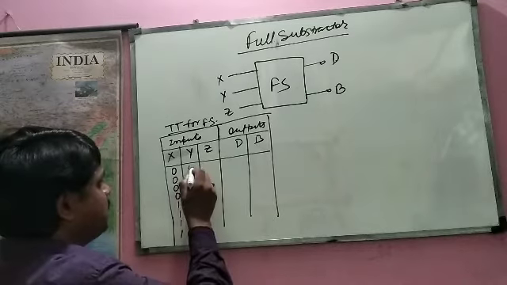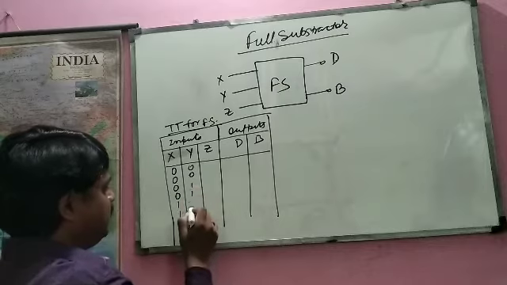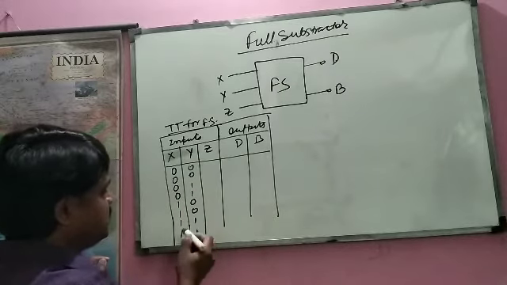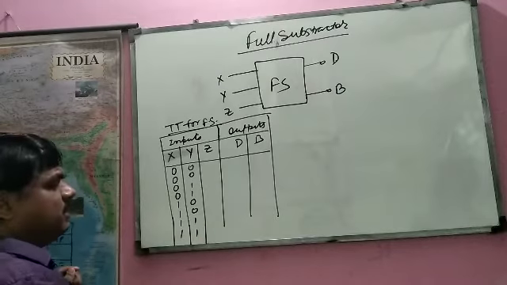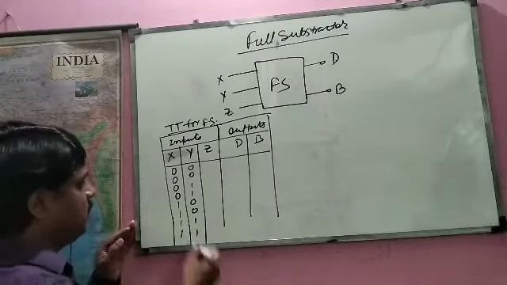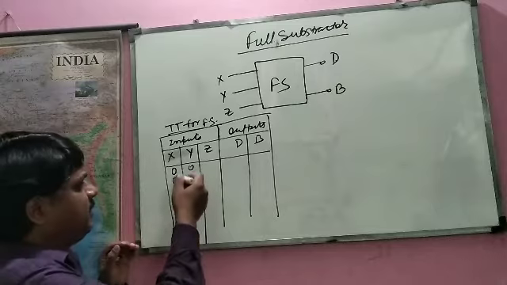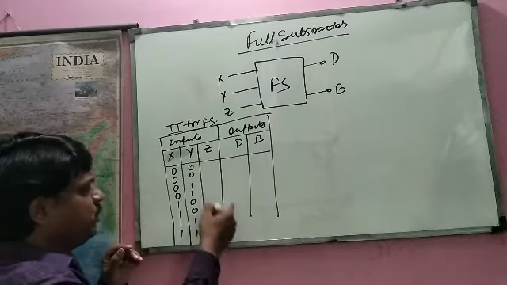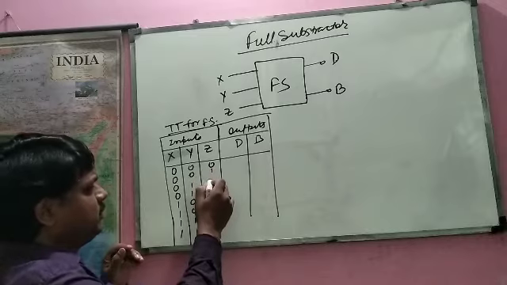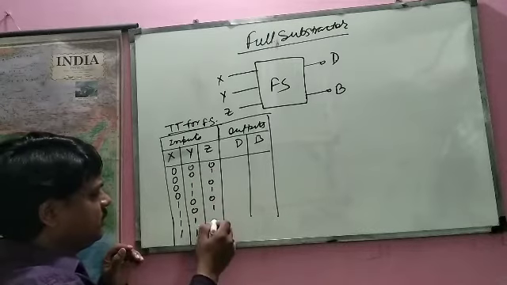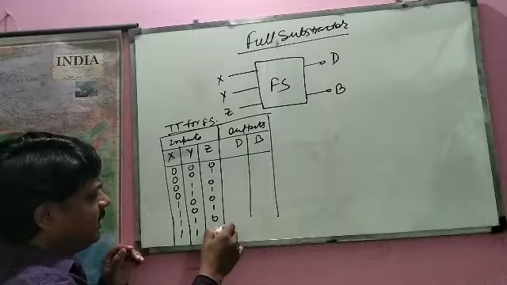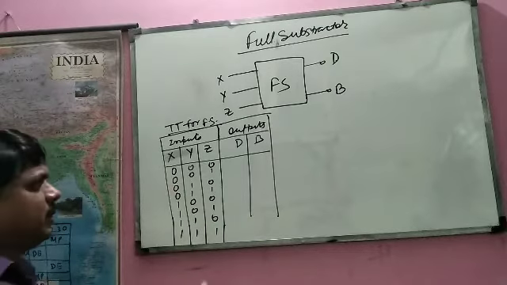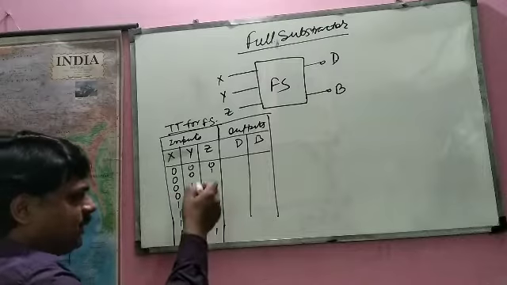Again it will be 0, 0, 1, 1, 0, 0, 1, 1. This is the right method to write the truth table. Write first 4 zeros, 4 ones, then 2 zeros 2 ones, then 0 1, 0 1, 0 1, 0 1. So automatically you will get the numbers in increasing order: this is 0, this is 1, this is 2 and like that.